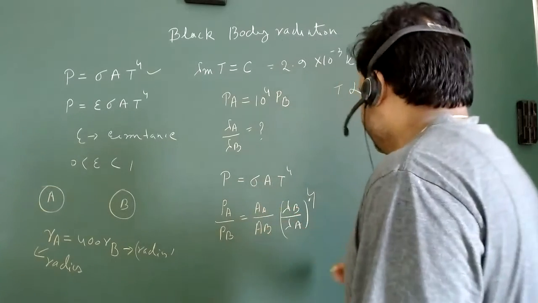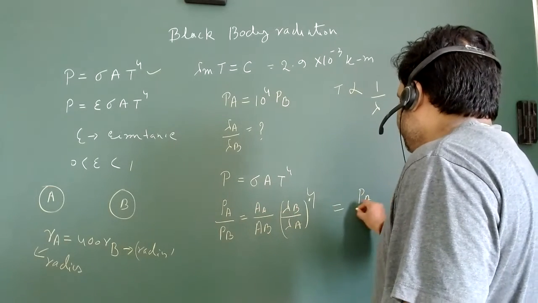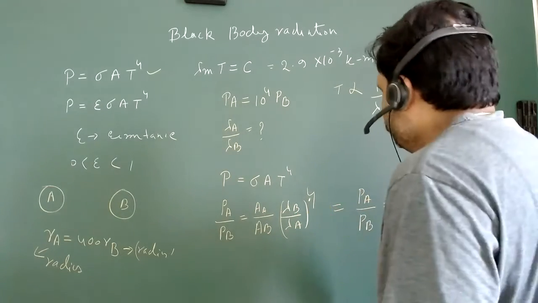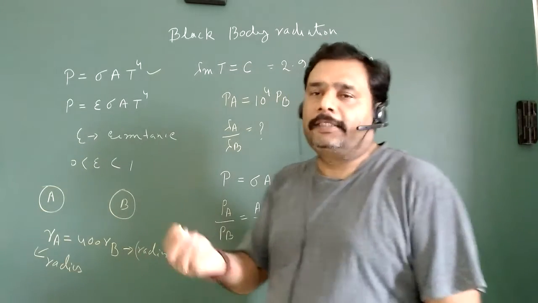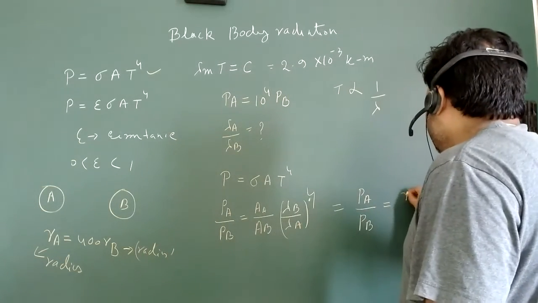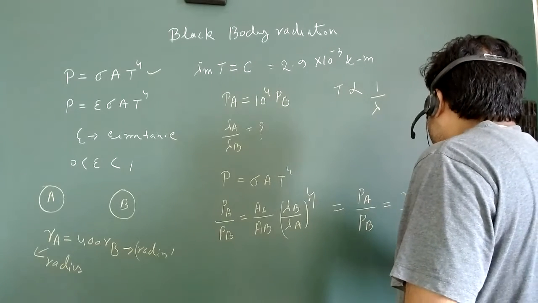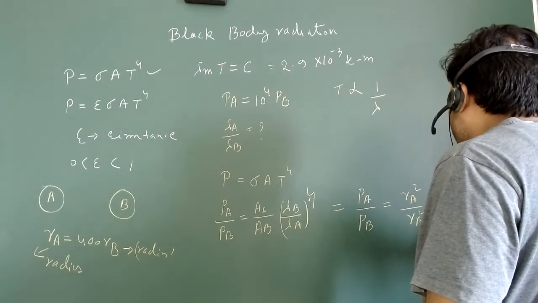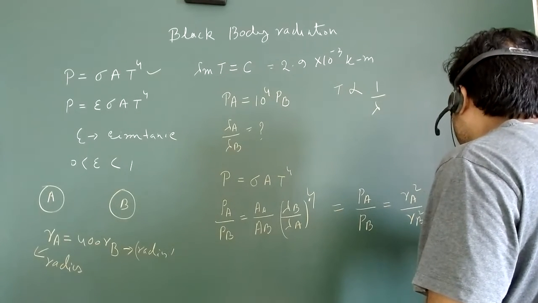And the area is the surface area, which is proportional to r square. So PA by PB is equal to rA square by rB square, times lambda B upon lambda A to the power 4.